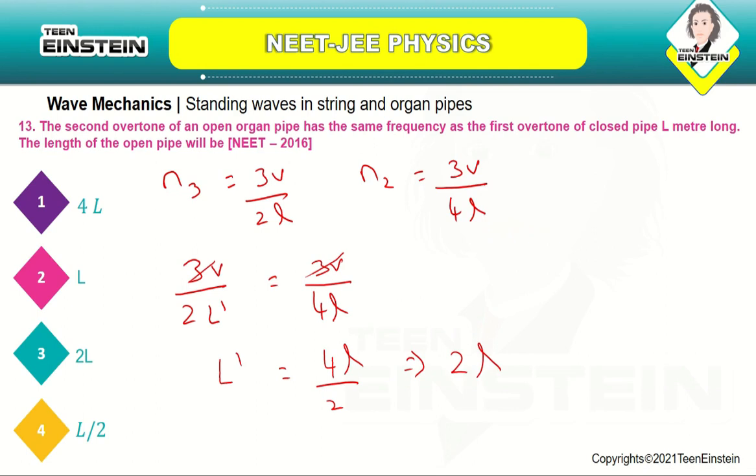Okay, so the correct answer is option number 3. So it is also a simple substitution formula of the open and closed organ pipes. Okay, so let us now move on to the next question.